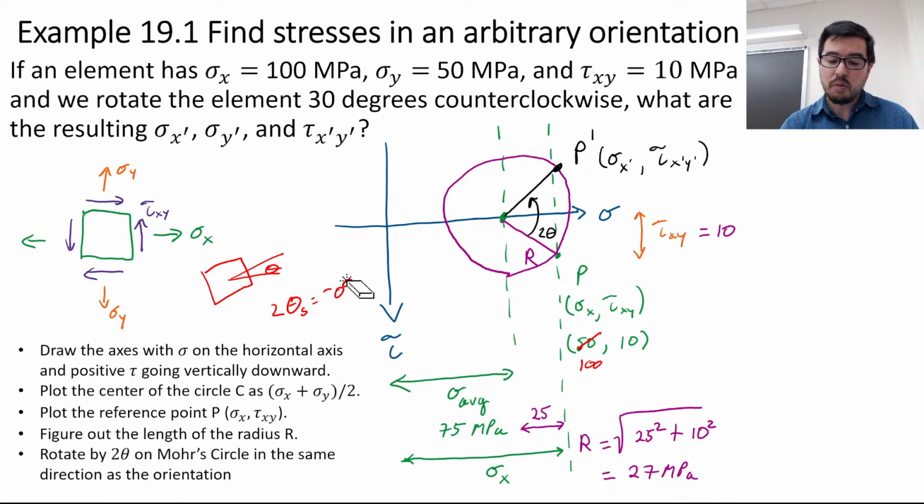The alternative to get there is going clockwise. We just said a second ago that we had to go 60 degrees between here and here. So if we go clockwise 30 degrees, that will get us to the state of principal stress as well, right here.